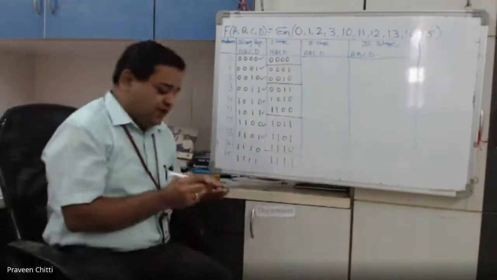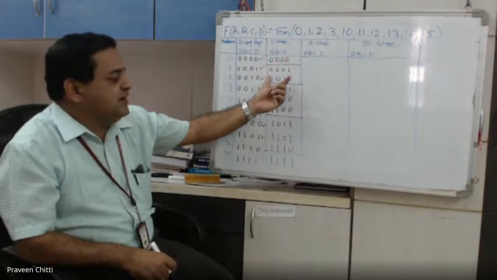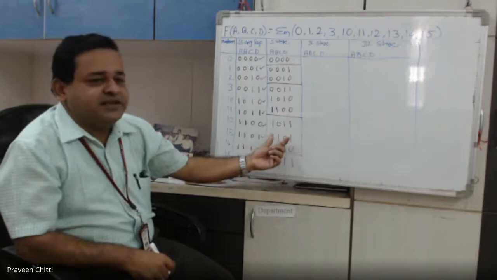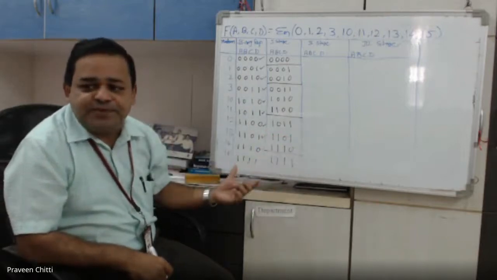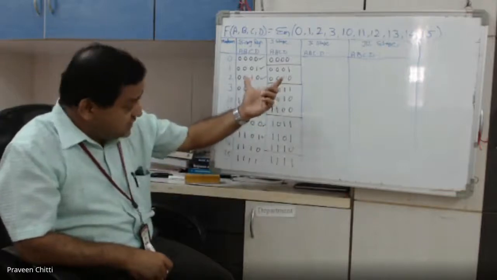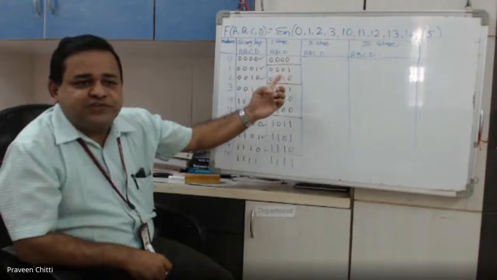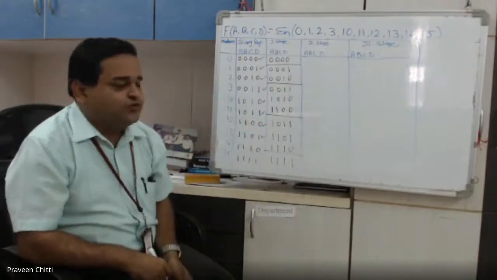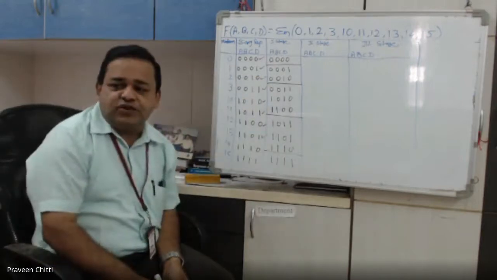So how many groups did we get here? We have a group containing no ones, a group containing a single one, a group containing 2 ones, a group containing 3 ones, and a group containing 4 ones. This is a typical example where we have all the groups. So totally 5 different groups we got.